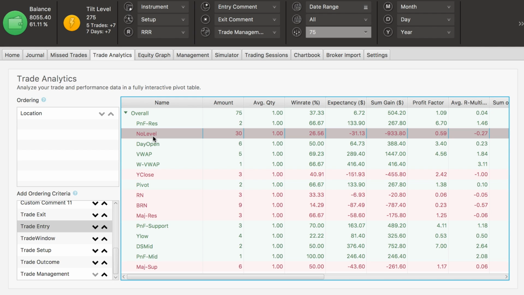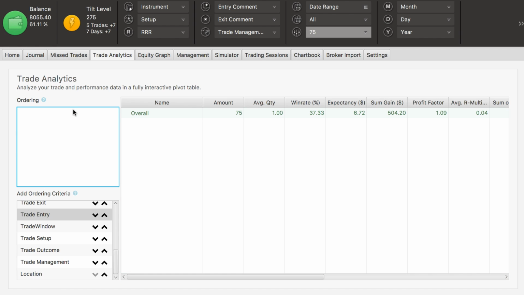So this is probably taking a trade where there's no locational confluence factor. And you can see here the sum of the gain is minus 933, which is again very, very significant. It's a large number, and just by removing those trades, his performance would look very differently.